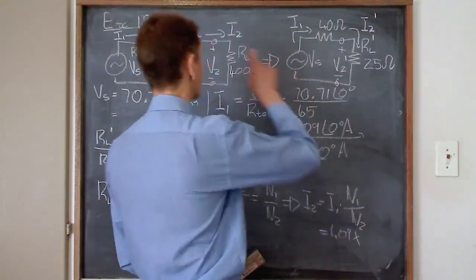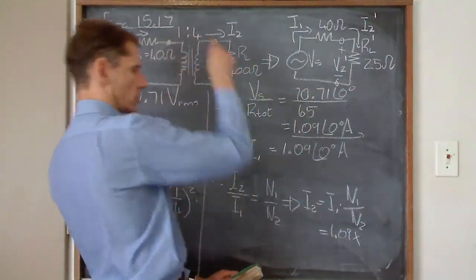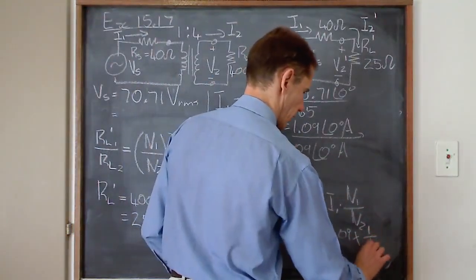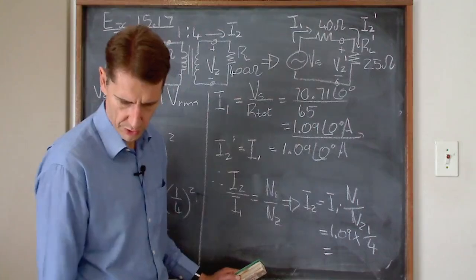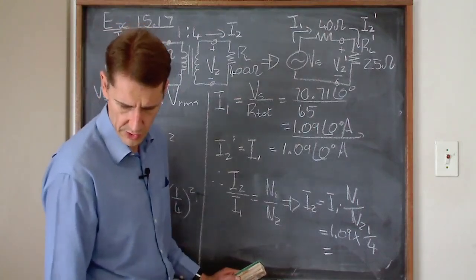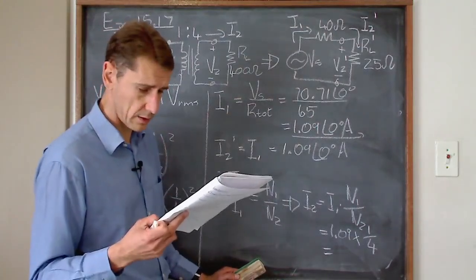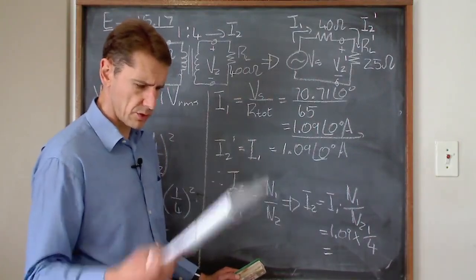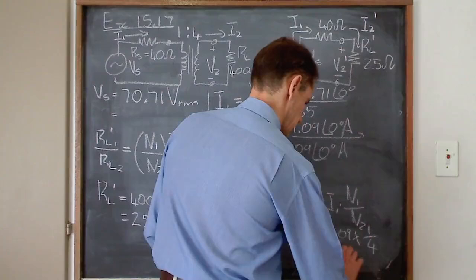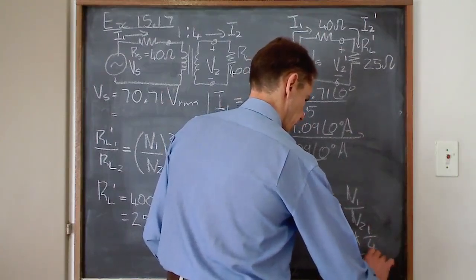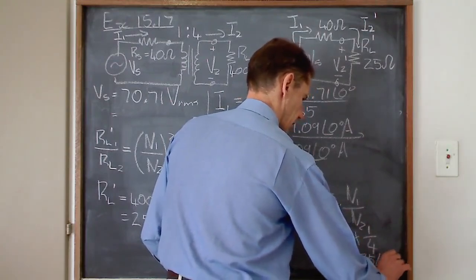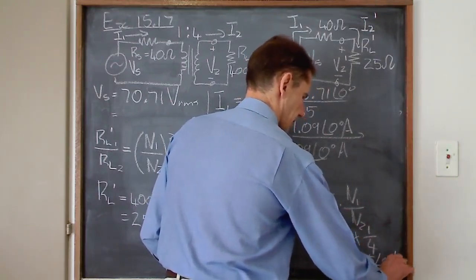And we know that's 1.09 multiplied with N1 over N2, which is 1 over 4, and we divide it by 4 and we get 0.2725 angle 0 degrees amps.